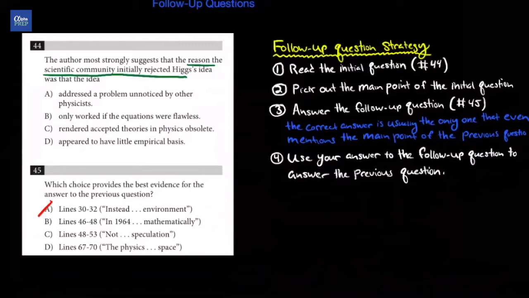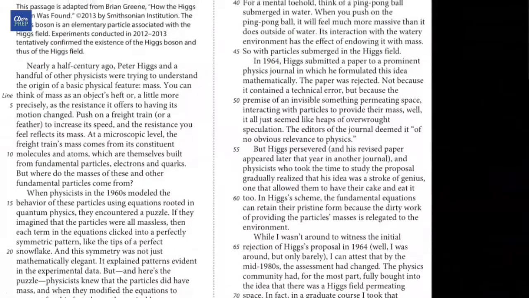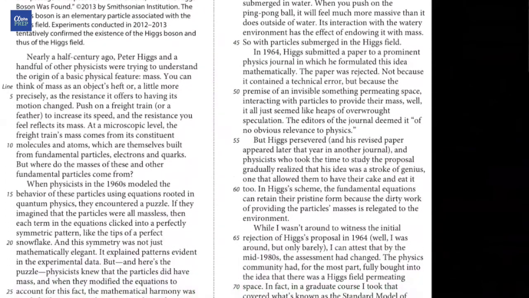So let's take a look at lines 46 to 48 and see if they mention the reason the scientific community rejected Higgs' ideas. So here's this quote. In 1964, Higgs submitted a paper to a prominent physics journal in which he formulated the idea mathematically. So this again does not say anything about a reason that the scientific community might have rejected his theory.